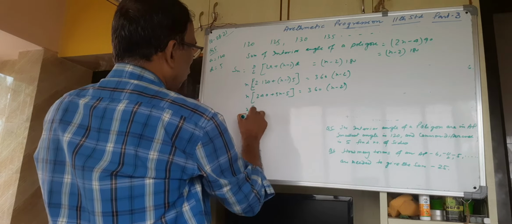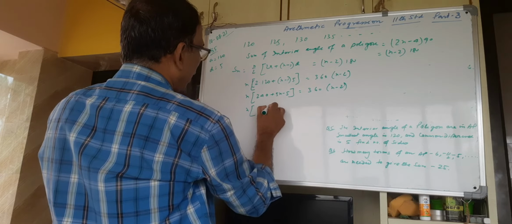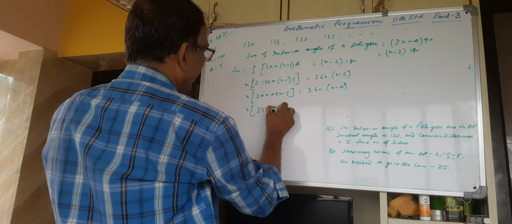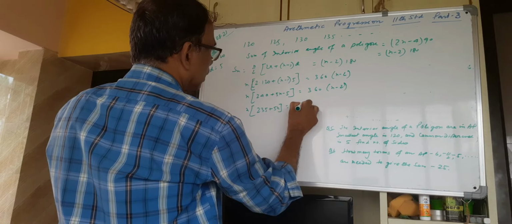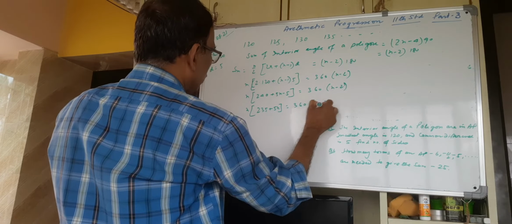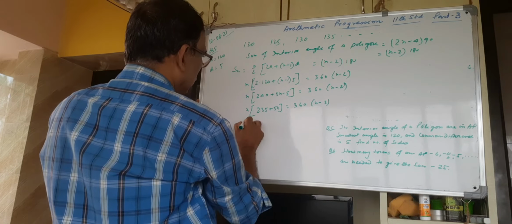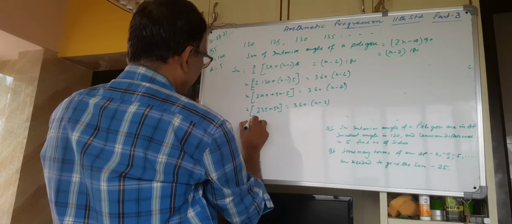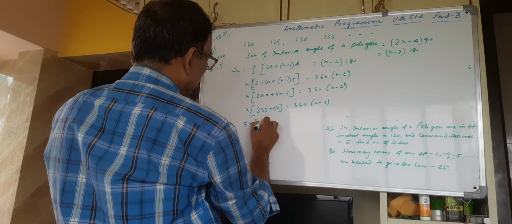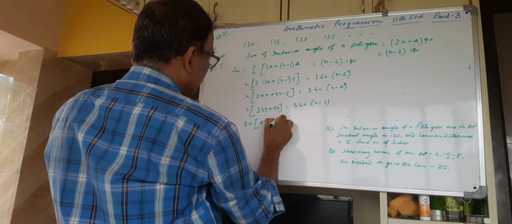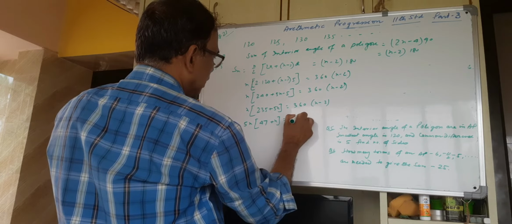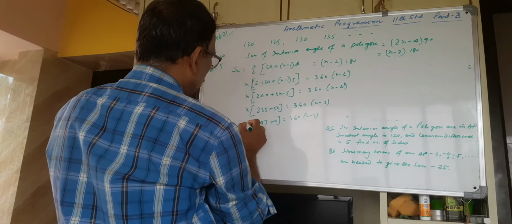So n common, (235 plus 5n) equals 360(n minus 2). Take 5 common, then 5n(47 plus n) equals 360(n minus 2).